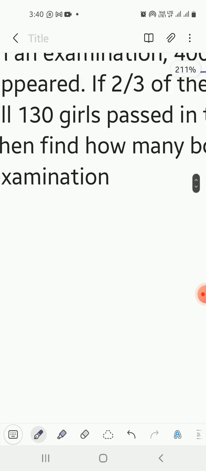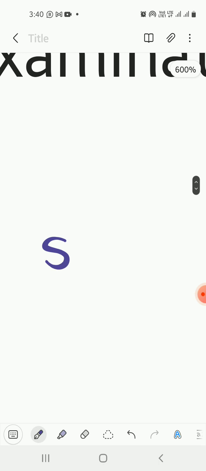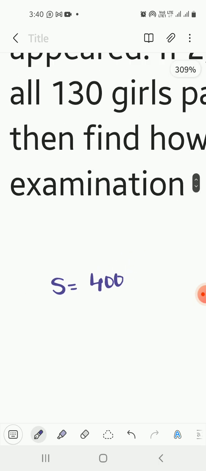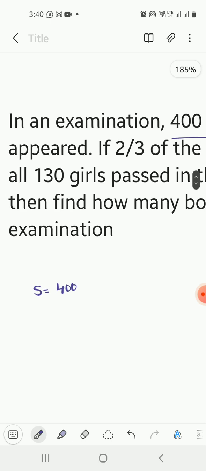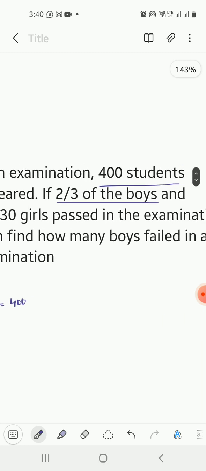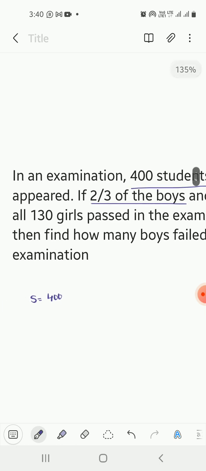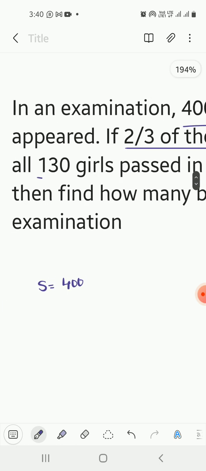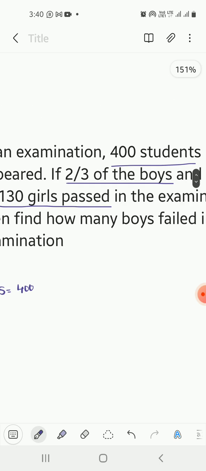400 students are there. So the number of students is 400. Now I don't know what the number of boys is. It's not given. It is only said that 2 by 3 of the boys, whatever the number of boys, have passed the examination, and 130 girls passed the examination.